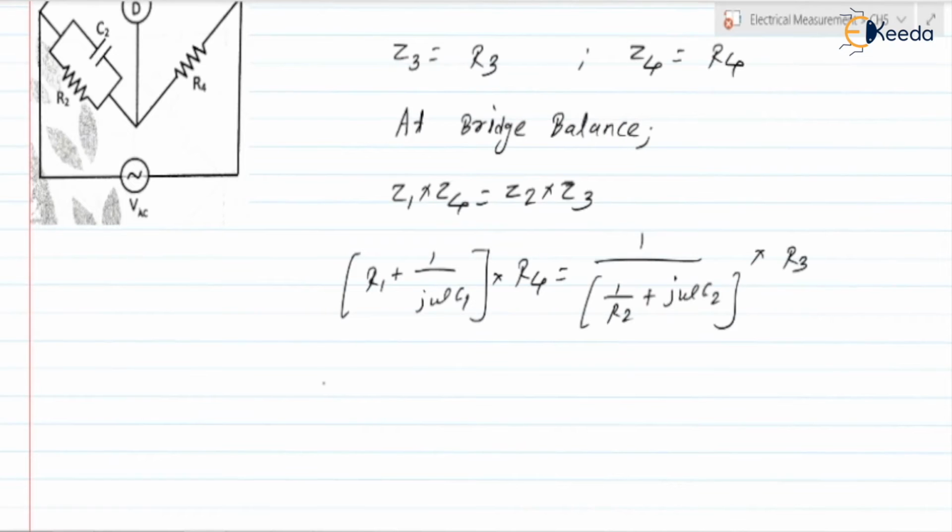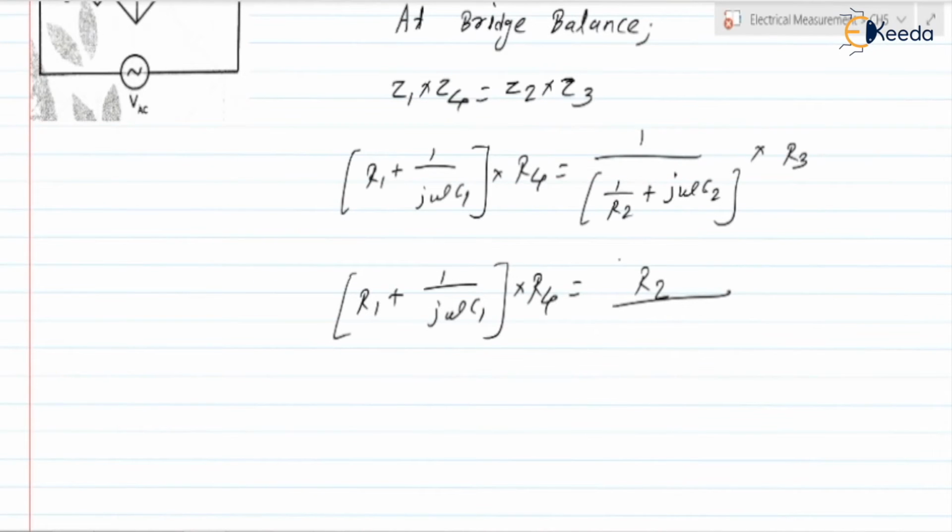Further, taking the cross multiplication, we can write it as (R1 plus 1 upon j omega C1) into R4 is equal to R2 upon (1 plus j omega C2 R2), into R3, right?